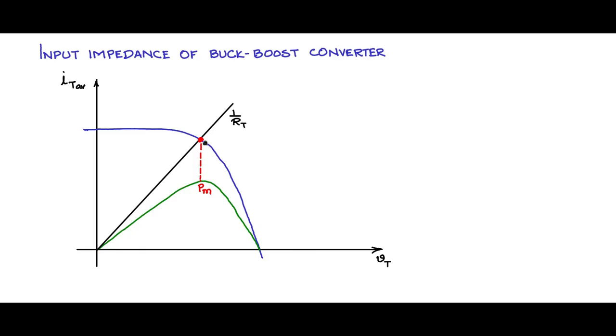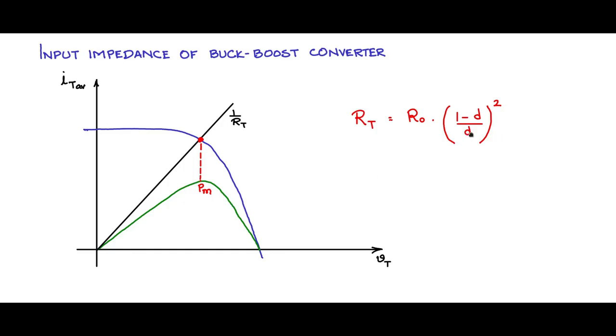Now for the buck boost converter interfacing the PV module, RT is equal to R naught into 1 minus d by d whole square. So this is the relationship that we just now obtained. Now let us see what happens at d is equal to 0.